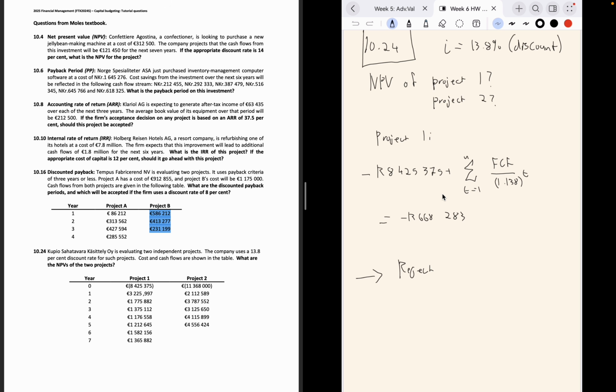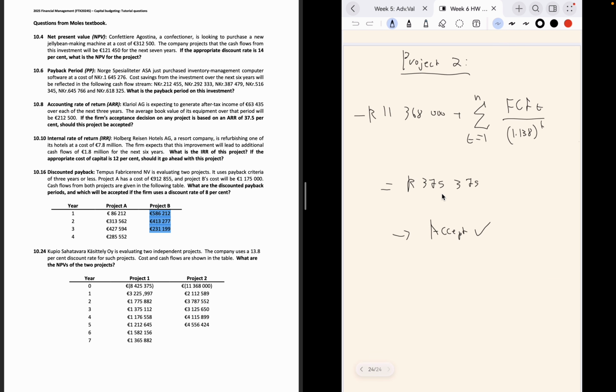That's project 1. Now project 2, we have an upfront investment of 11,368,000. Same process. We sum up the future cash flows in year T, so we go from T equals 1 to N. I've removed the negative 11,368,000 from the sigma, because remember, when we discount it, it's just the same as dividing by 1.